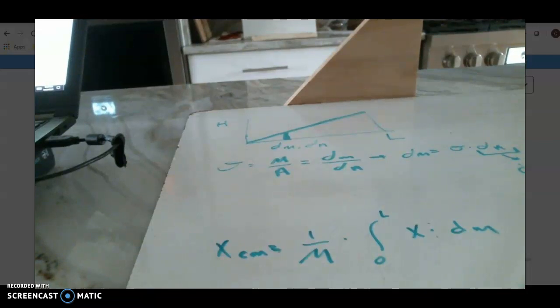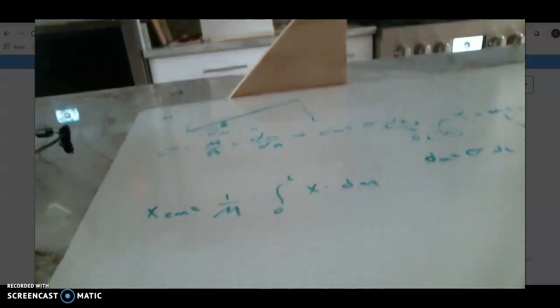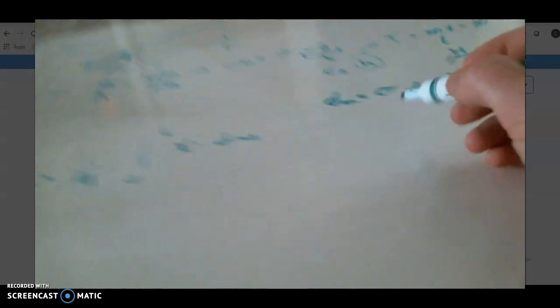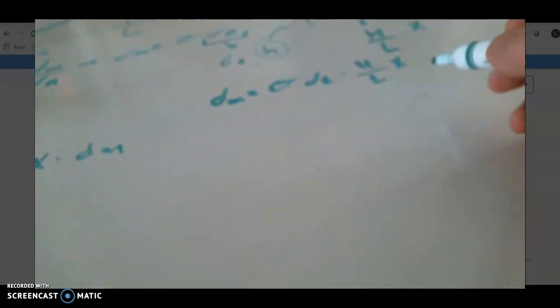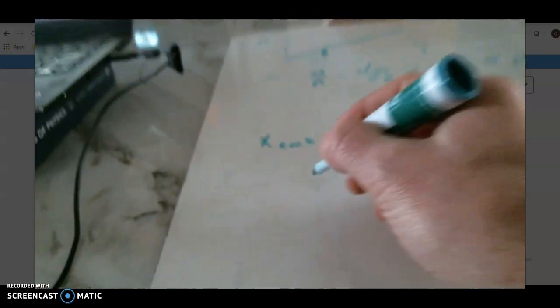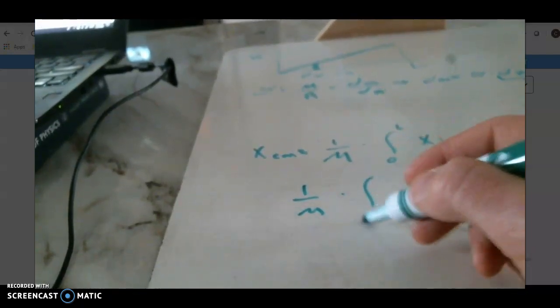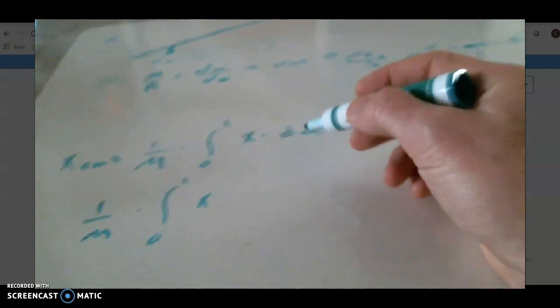So what we will end up doing is swapping in for dm. That differential mass is what we went through all the fuss of writing down over there. So this will end up being 1 over M times the integral from 0 to L of x. Now where that dm is, I'm going to write sigma.